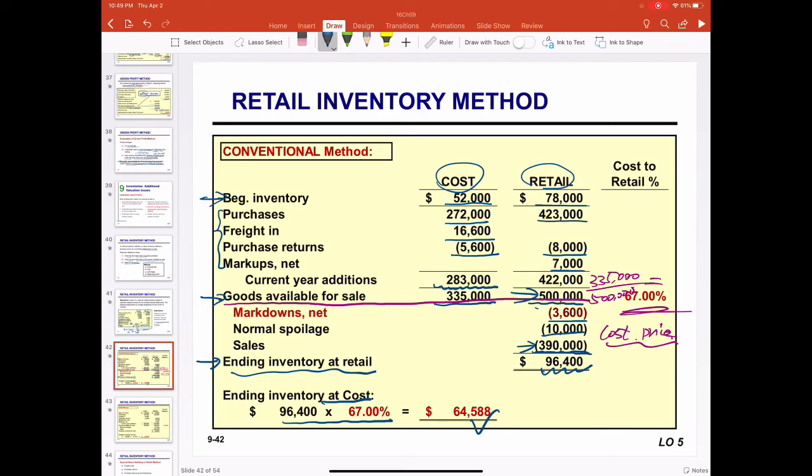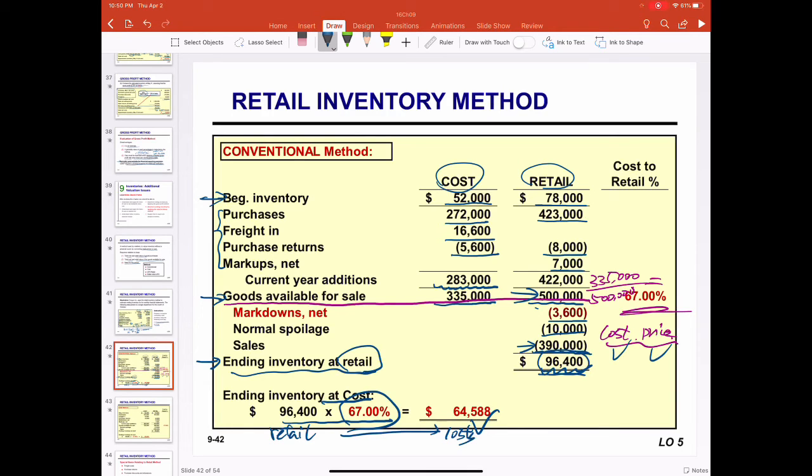That's the inventory at retail value. But we need the cost rather than the retail value, so we are going to apply this ratio. Just use the ending inventory at retail multiplied by this percentage, which shows the relation between the cost and the price. So we convert the retail value to the cost.